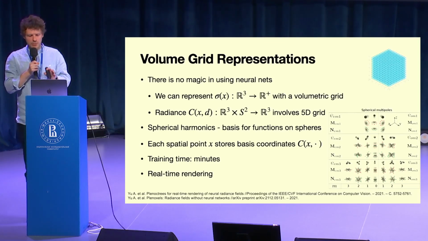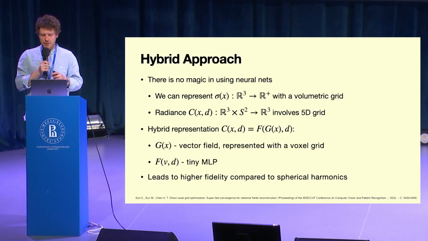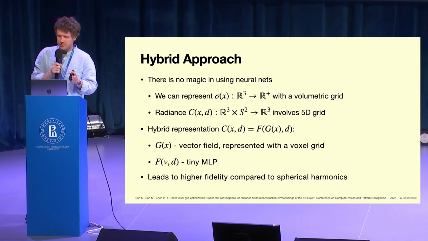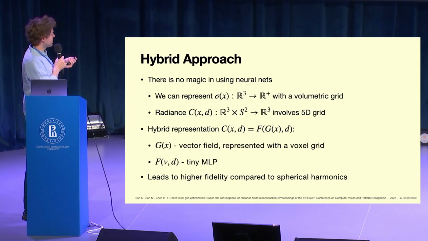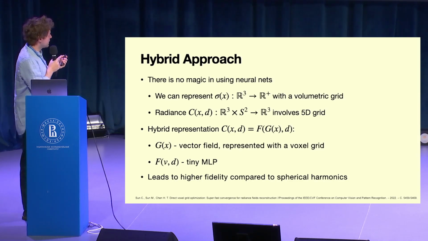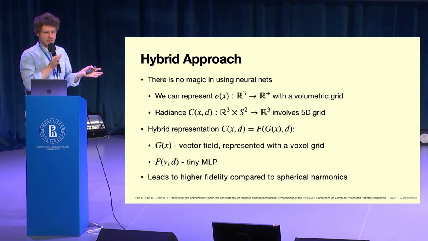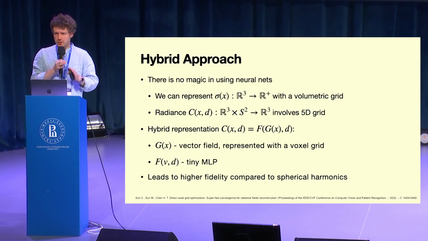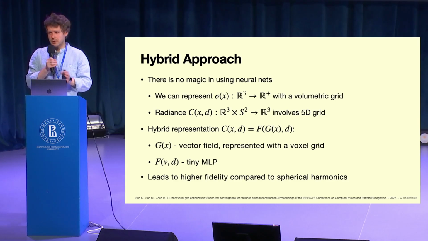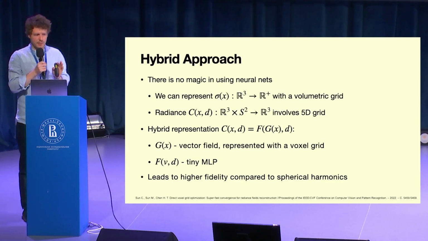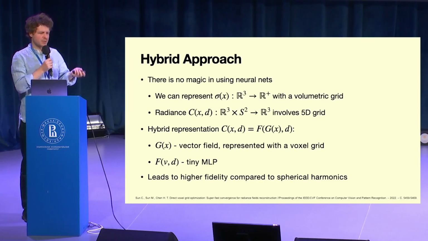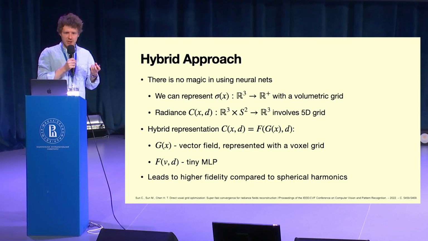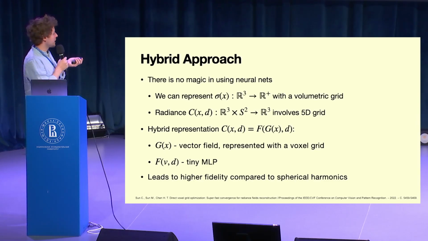There's a different hybrid approach that foreshadows the modern standard solution, and the hybrid approach goes like this. We'll still use a volumetric grid to represent density, but instead of using complex spherical harmonics, which are not familiar to computer scientists, but maybe familiar to physicists, we'll use a thing that is much more familiar to us. We'll use an auxiliary neural network.